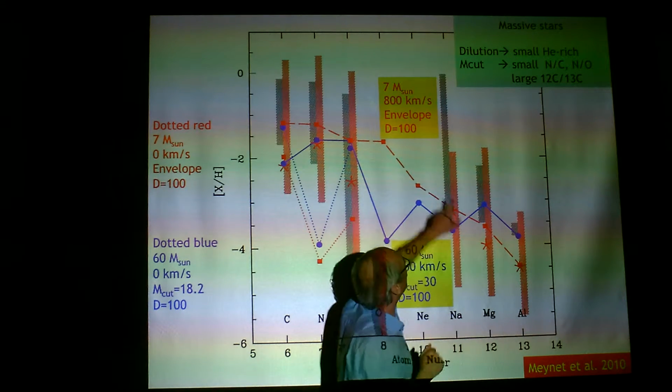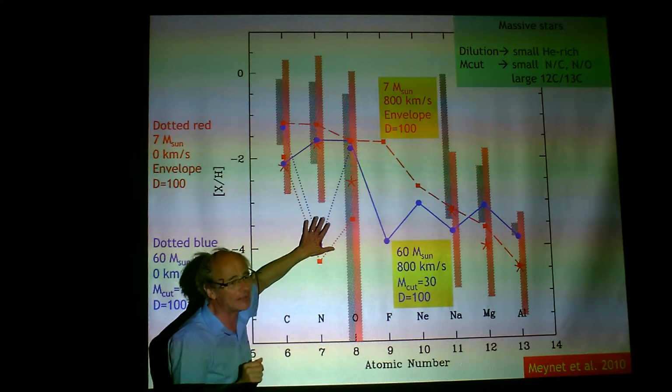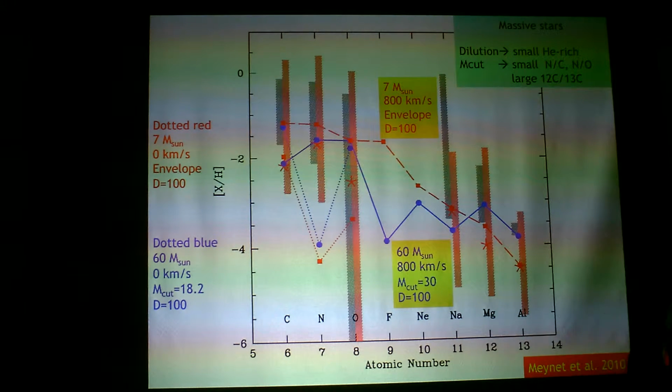Helium will be a kind of measure of the dilution in this kind of models. Also, lithium can be used as a dilution indicator, because in massive stars lithium is completely destroyed. If you dilute with a lot of interstellar medium, you can have some lithium remaining, from cosmology and from some destruction by stars, but still at some level of abundance.